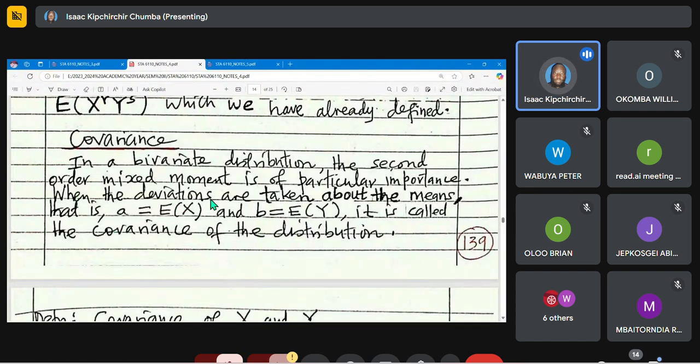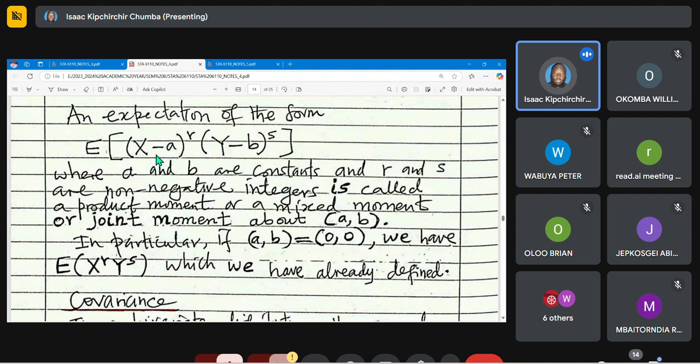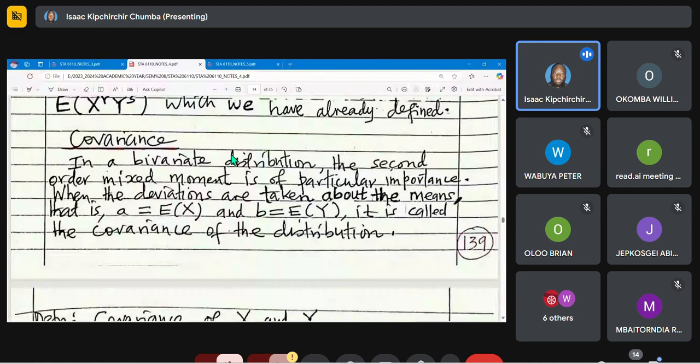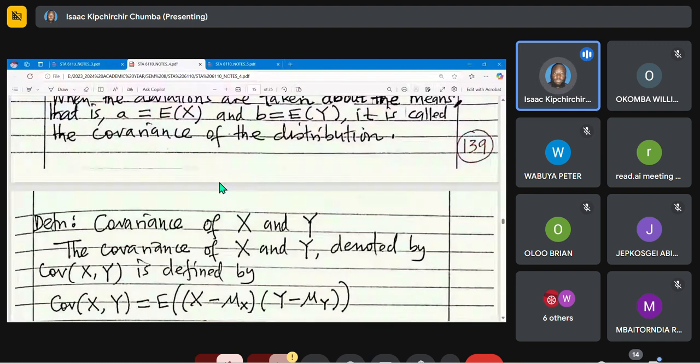So when you're talking about x minus a, we are actually talking about deviations of observations x from a. And we are talking about deviations of observations y from b. So we are saying in a bivariate distribution, the second order mixed moment is of particular interest.